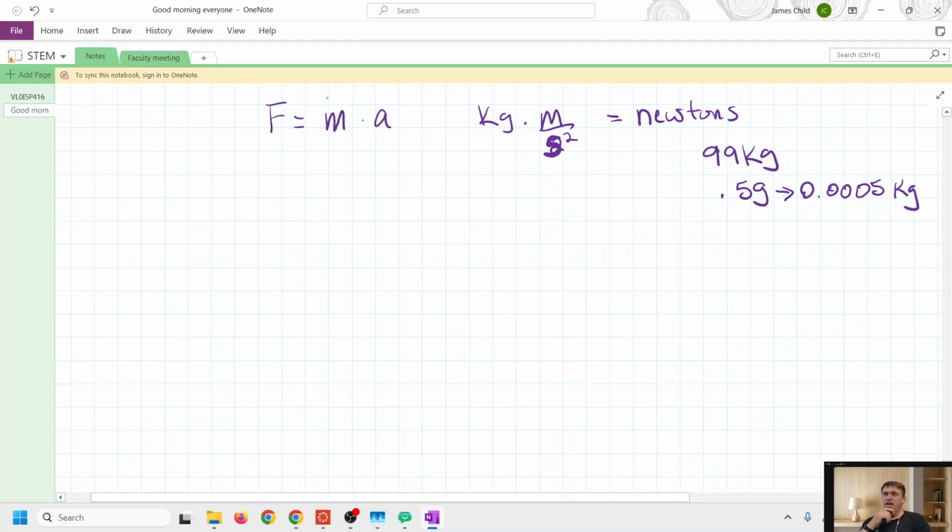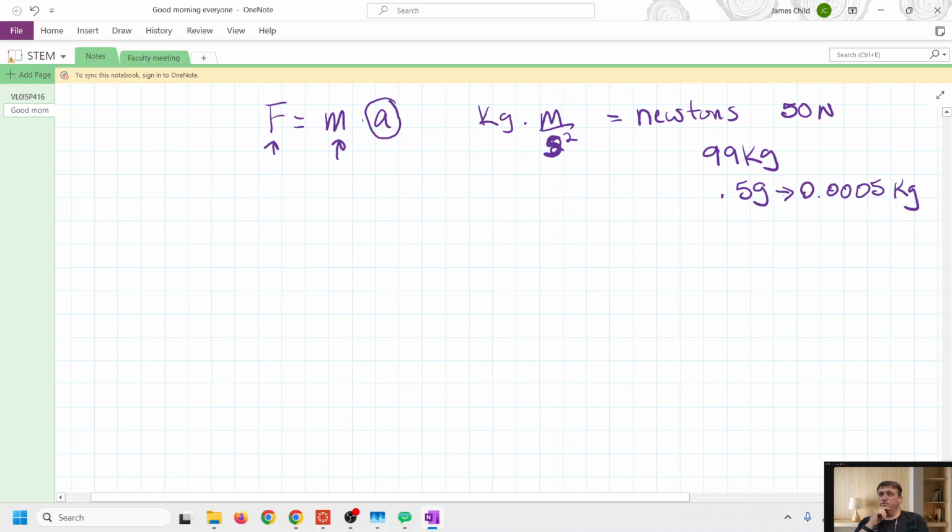Now, since the force is equal, let's just say that force was 50 newtons. Let's say that the butterfly and I collided with a force of 50 newtons. I know the mass, I know the force. The thing I don't know is the acceleration.